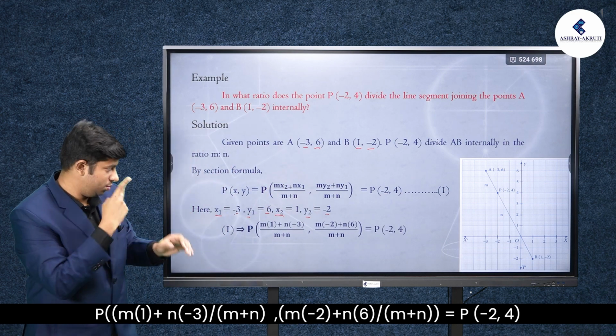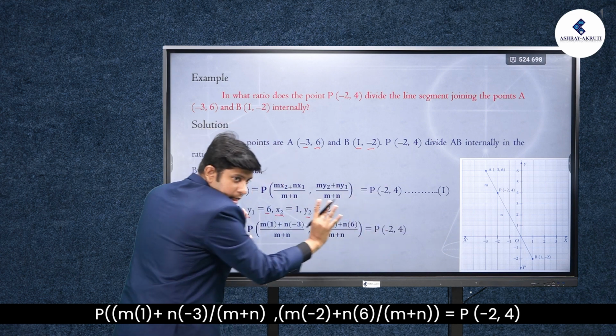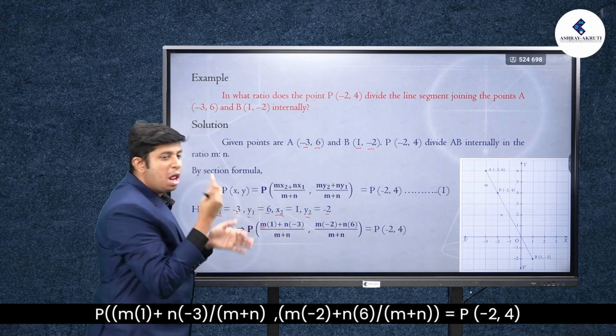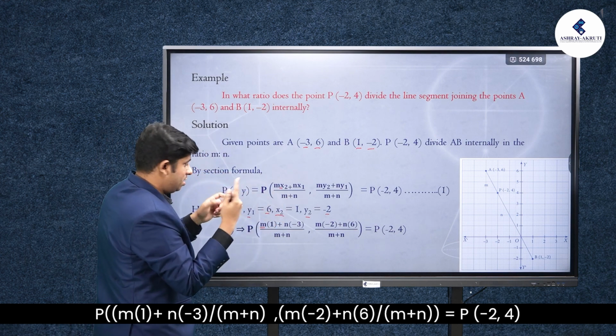P of (m of 1 plus n of minus 3) by (m plus n), comma (m of minus 2 plus n of 6) by (m plus n), is equal to P of minus 2 comma 4.